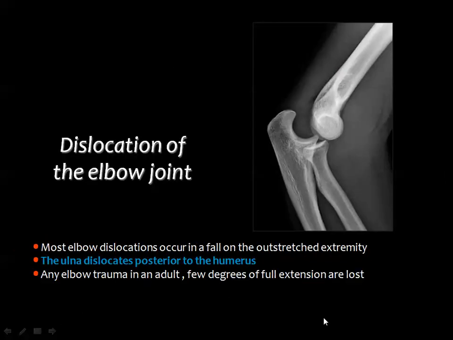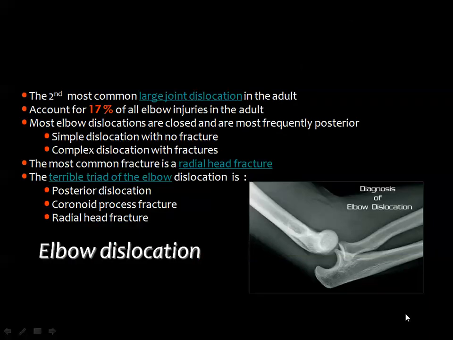Then we came to the dislocations of the elbow joint, and dislocations usually occur posteriorly with displacement of the olecranon process along the back of the humerus. This type of injury frequently results in fractures of the radial head as well as fracture of the coronoid process, and this is known as the terrible triad.